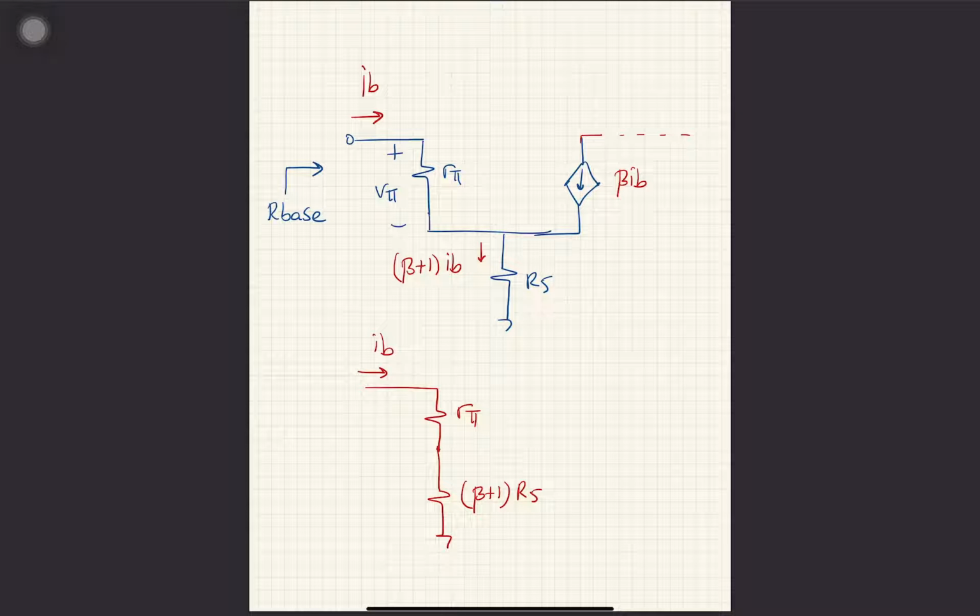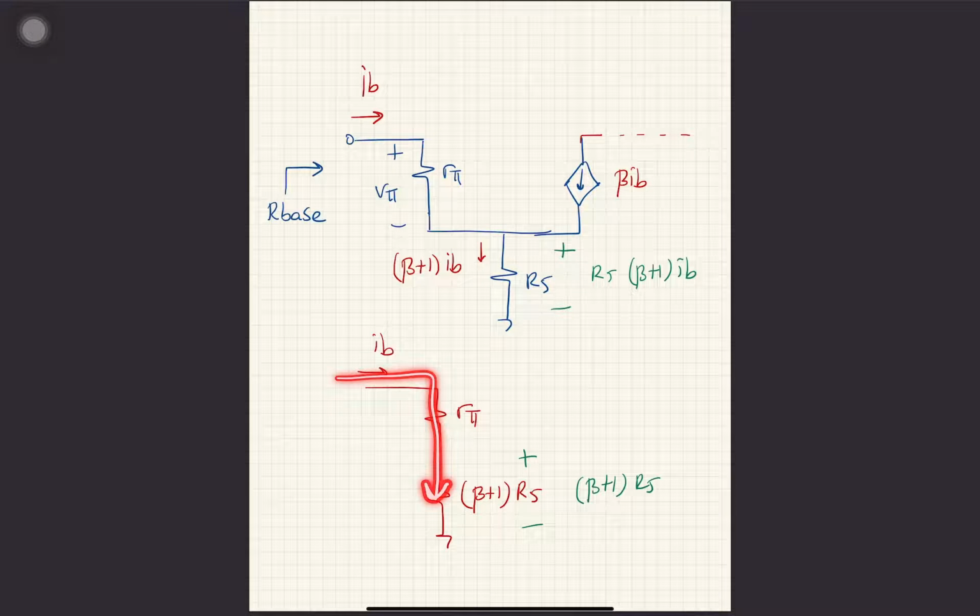So please look at it. The potential drop across this one is R5 times beta plus 1 I base. The potential drop across this one is beta plus 1 R5 times I base. They are the same.